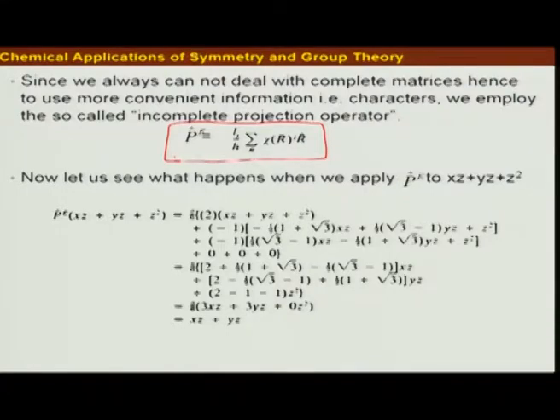Okay, so how do you get this particular form of the incomplete projection operator? This can be formulated very easily, so let's try to do that first.